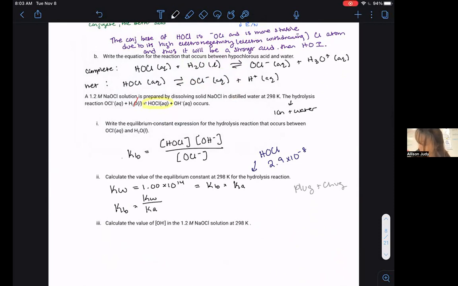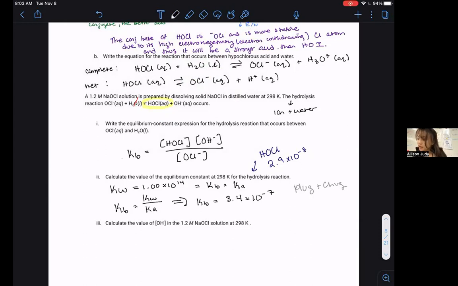This is the relative strength of my conjugate acid versus my conjugate base of the same foundational species. When I plug that in, I get a value for Kb equal to 3.4 times 10 to the negative 7th.